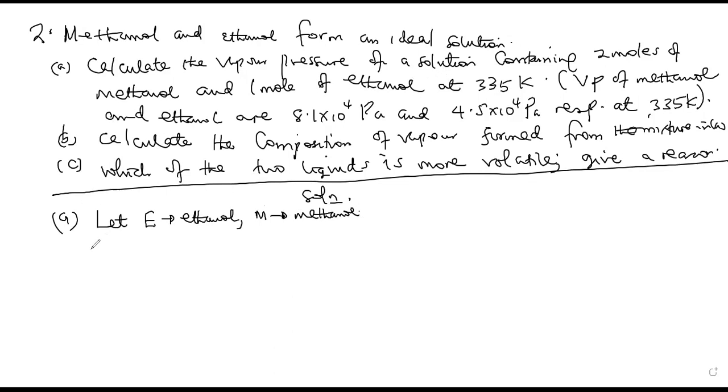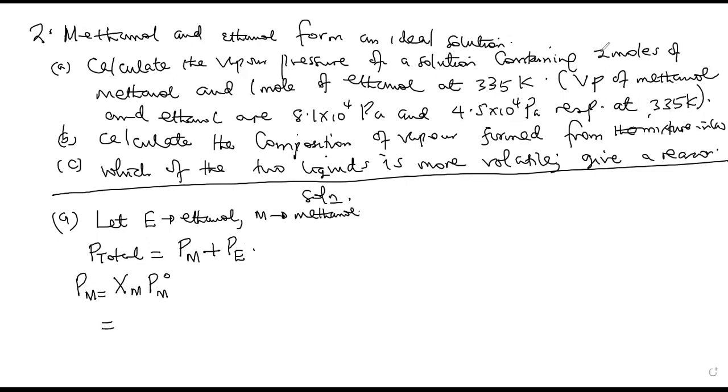But remember, the vapor pressure of a solution is the same as P total, which is equal to the partial vapor pressure of methanol plus the partial vapor pressure of ethanol. Now, the partial vapor pressure of methanol is equal to the mole fraction of methanol times the vapor pressure of methanol in its pure state.